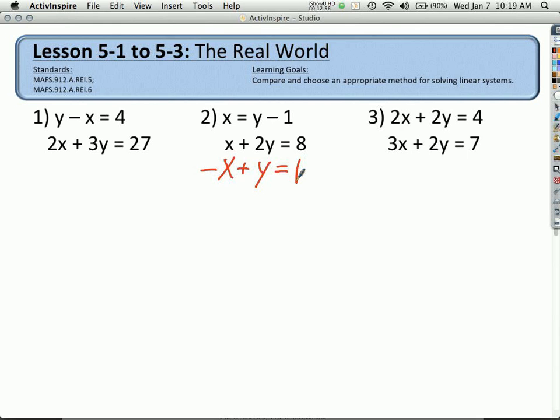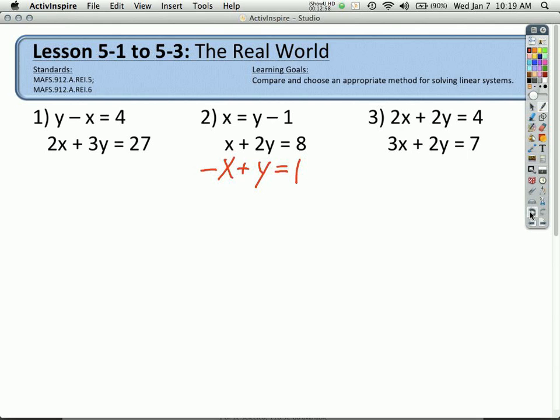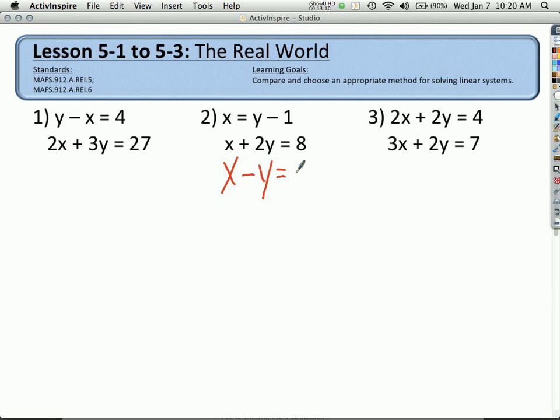No. I'm not sure what you did. You have to rearrange this so that everything lines up. So I'm not sure what you did. Did you get the right answer? Okay. So this could either be x minus y equals -1, or it could be -x plus y equals +1. It has to be one of those.